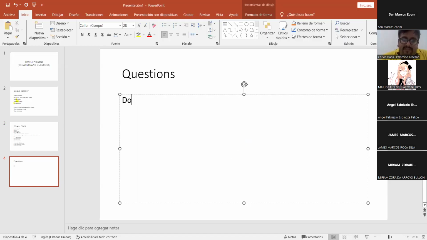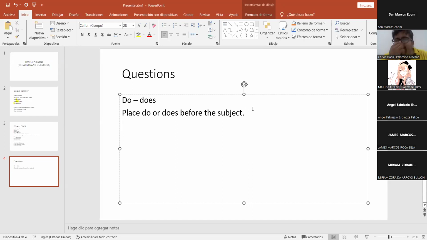Voy a utilizar los auxiliares do y does. We have to place do or does before the subject. Very good, Allison. Voy a colocarlo antes del sujeto.